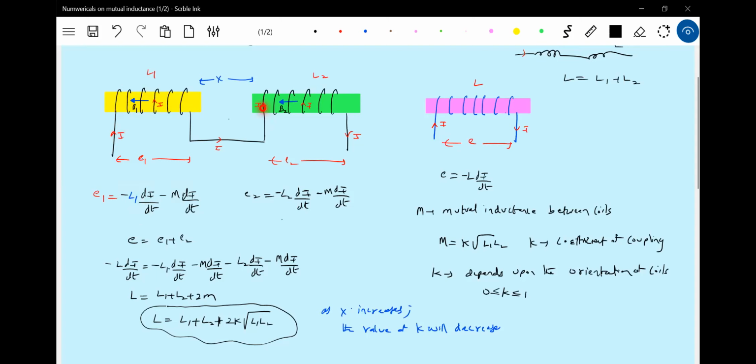When the same current I flows through the second coil, it produces a magnetic field B2. This magnetic field links the first coil, the flux linking the first coil changes, and in turn an EMF is produced. That is due to mutual inductance. This EMF is due to self-inductance. This is due to mutual inductance. Getting the idea now?